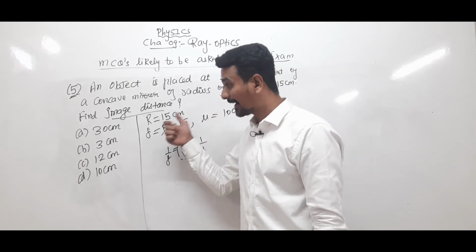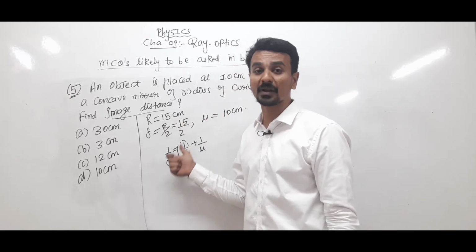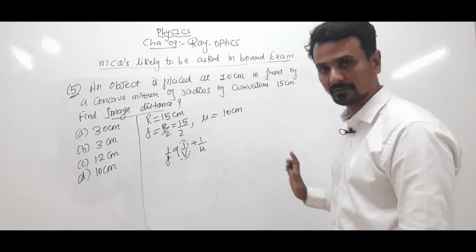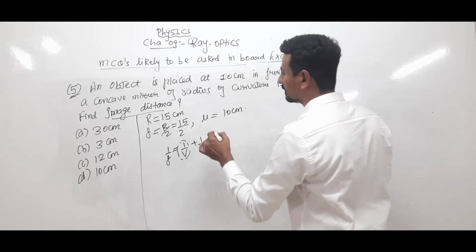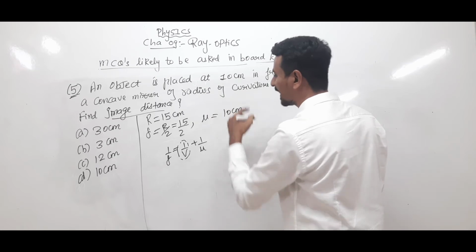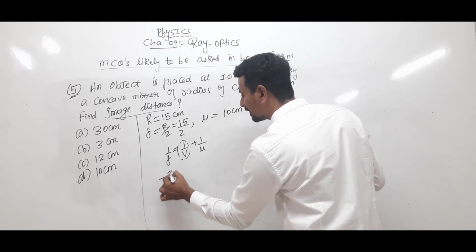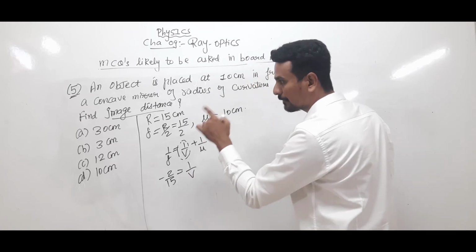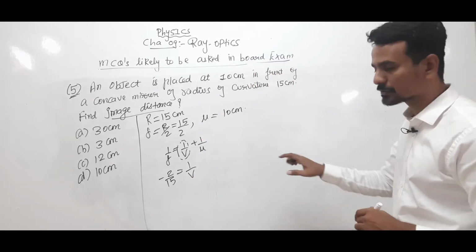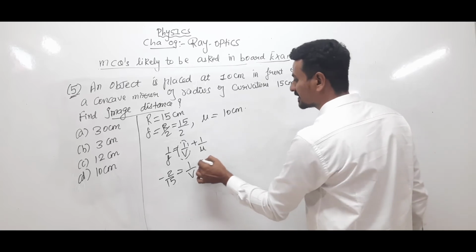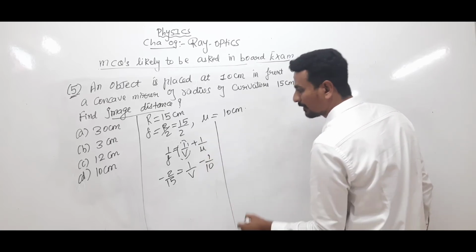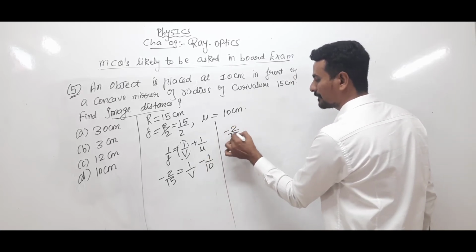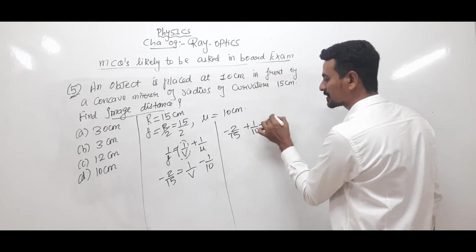Before finding the image distance, I cannot put plus or minus. Keep it as it is. The focal length of a concave mirror will be negative. So it will be minus 2 by 15, v is what we have to find out, so I will not place any sign. Object distance is again negative. So minus 2 by 15 plus 1 by 10 equals 1 by v.